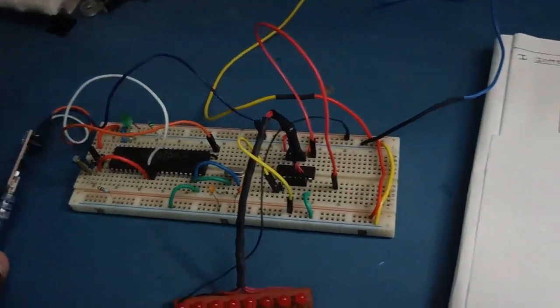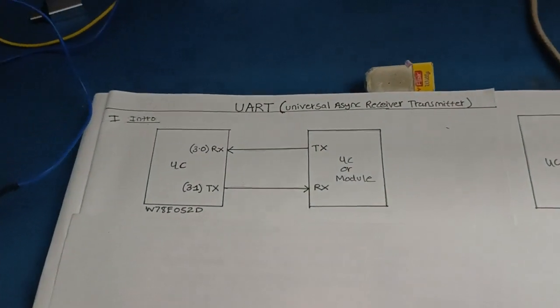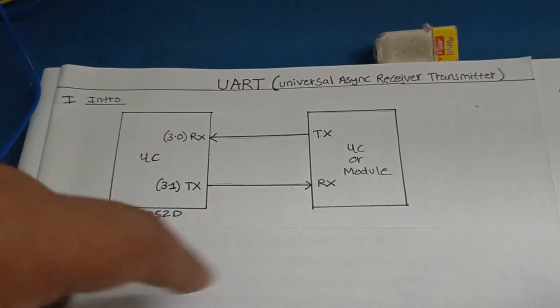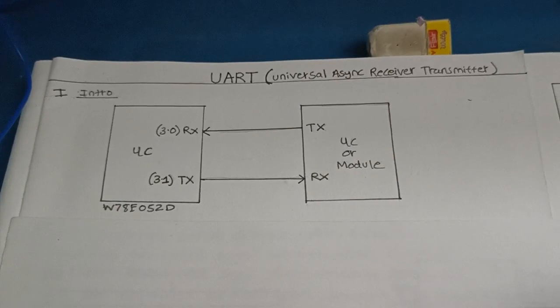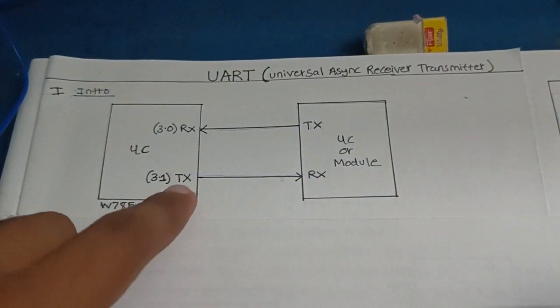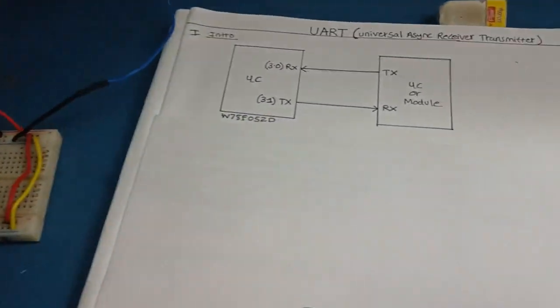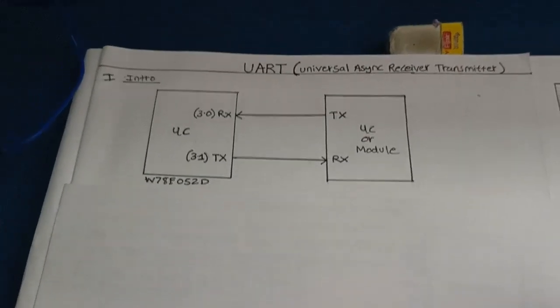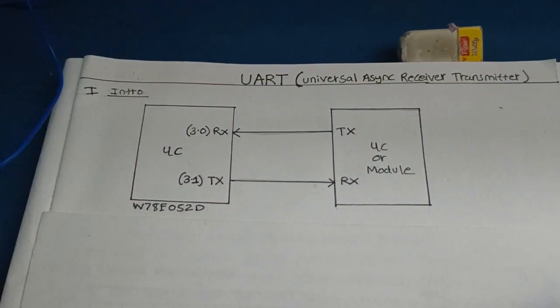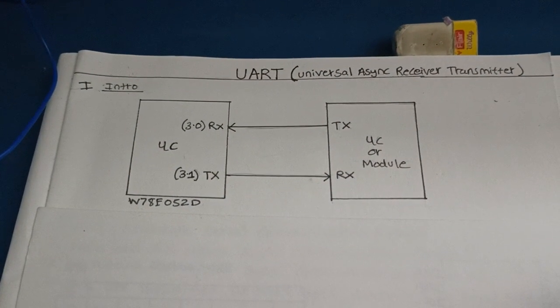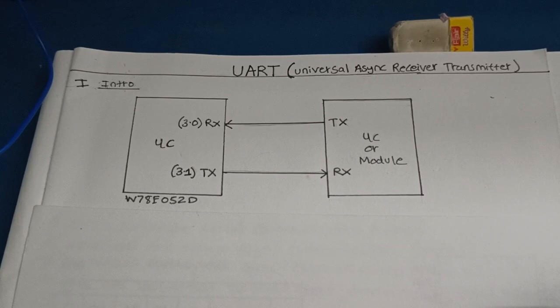First, make this circuit. And this is a basic diagram of UART in mode 1. RX is connected to TX and TX is connected to RX. So we have one serial port in this microcontroller. Nowadays there are microcontrollers with many serial ports, because we want many modules like GSM and GPS modules to be connected.